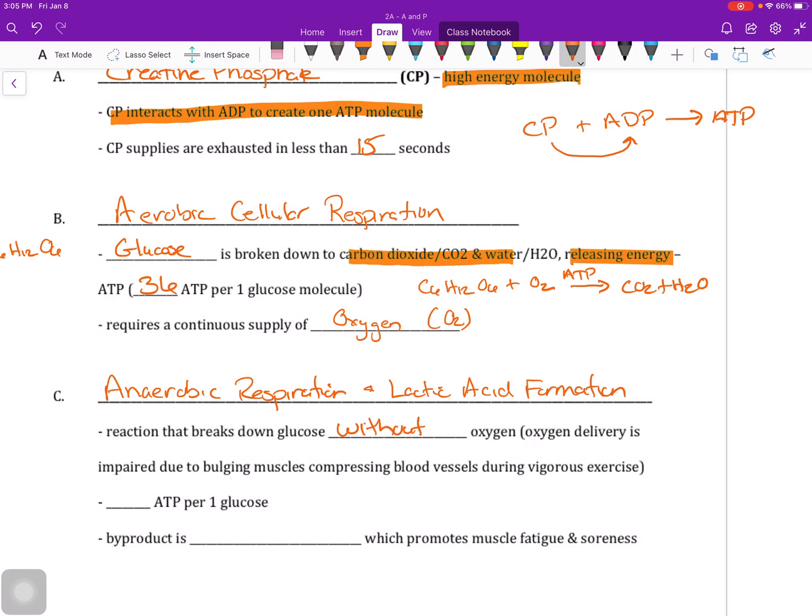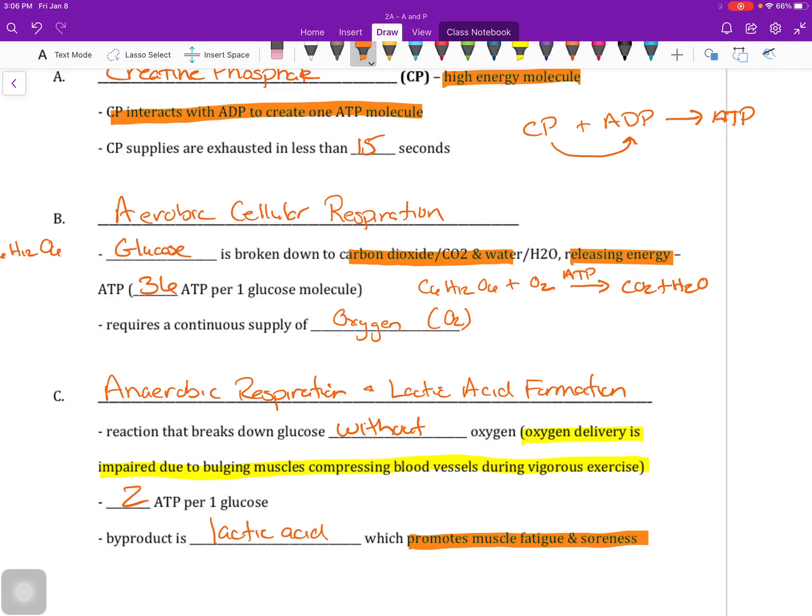In this case, oxygen delivery maybe is impaired due to bulging muscles compressing blood vessels during vigorous exercise, okay? You've been doing CrossFit, you're running a marathon, whatever. This is going to give you 2 ATP per one glucose molecule. Now, the byproduct of this is lactic acid, which promotes muscle fatigue and soreness.